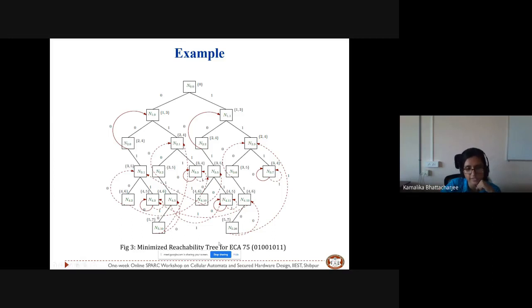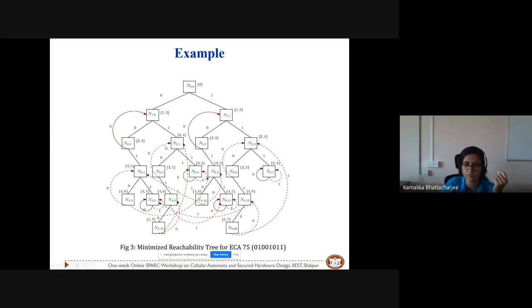For example, if we take ECS 75, we can see that the minimized tree for any n, you can take any arbitrary number like 1000 or 10,000, the minimized tree structure will be just like this. We can see there are some loops which are marked as in dash.